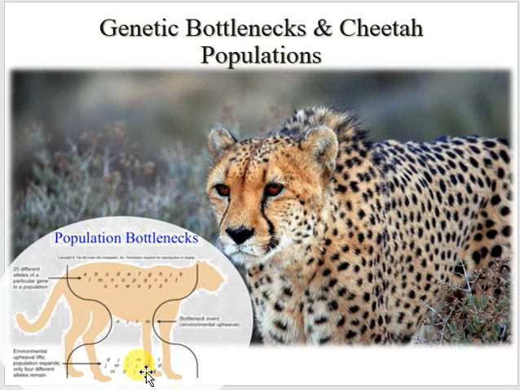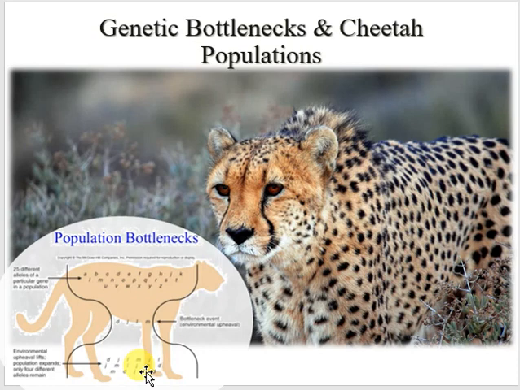So more specifically with cheetahs, their diversity level is less than 1%, right? So the genetic diversity of these cheetah populations is less than 1%. It's almost as if all cheetahs are identical twins.